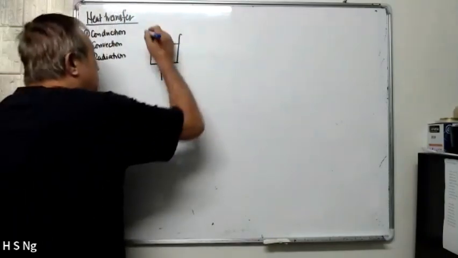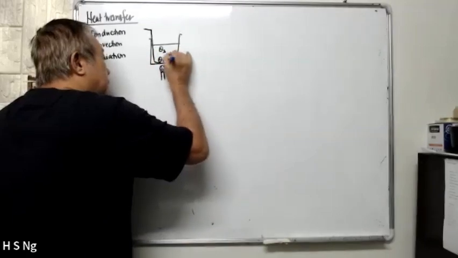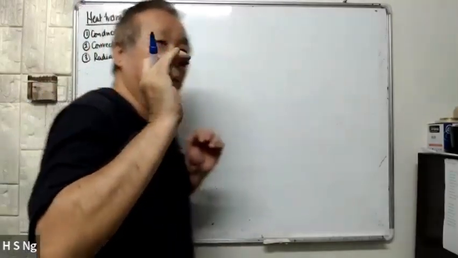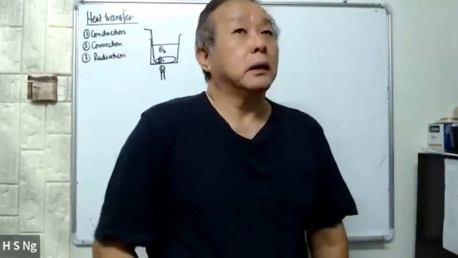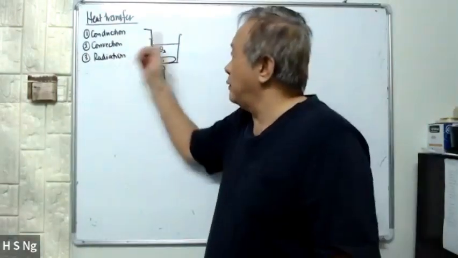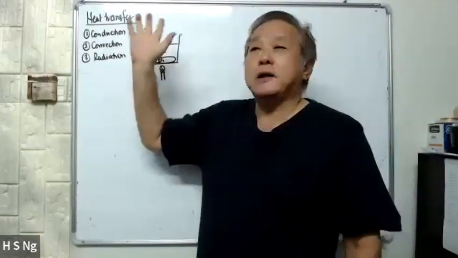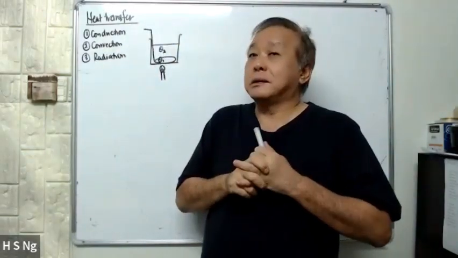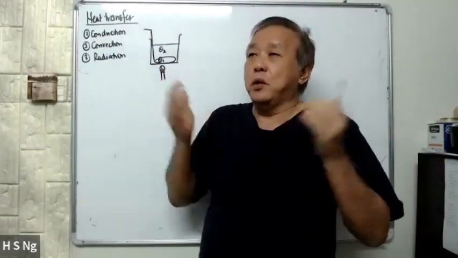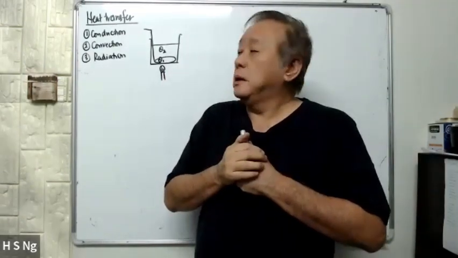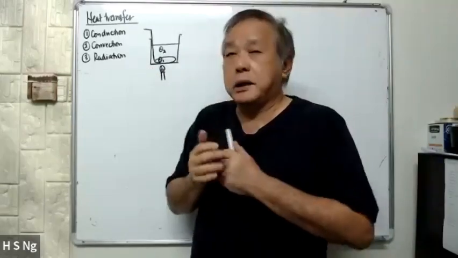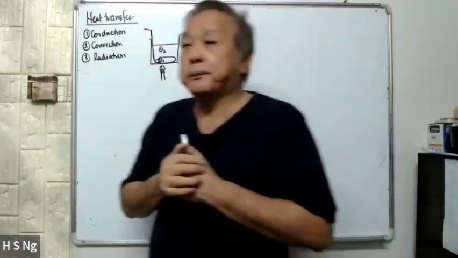So if you take a stir and stir, then you are causing convection. Convection will move the water, and then the heat will travel faster. Without moving the water molecules, the only way the heat can travel is by conduction.